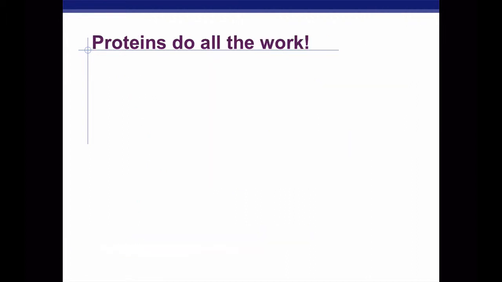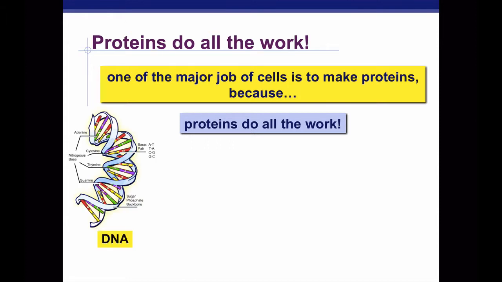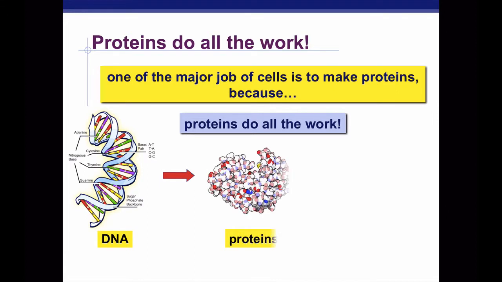So proteins do all the work. And so this might be a little review from 6th or 7th grade. But one of the major jobs of a cell is to make proteins, because proteins do all the work, and all cells make proteins. So we have DNA here, and from DNA, we copy it with a nucleic acid called RNA.